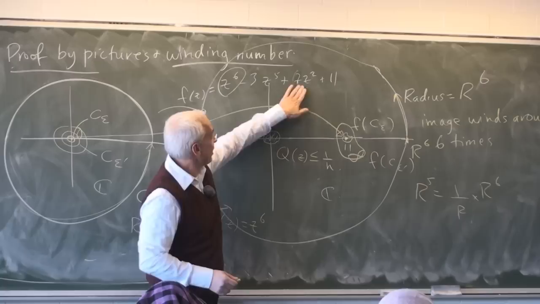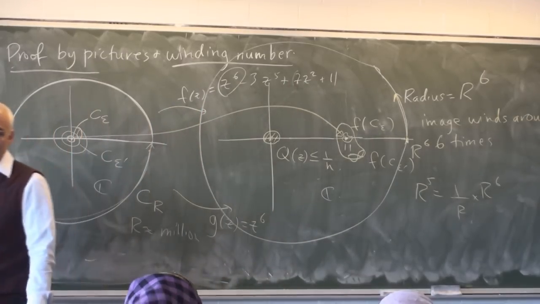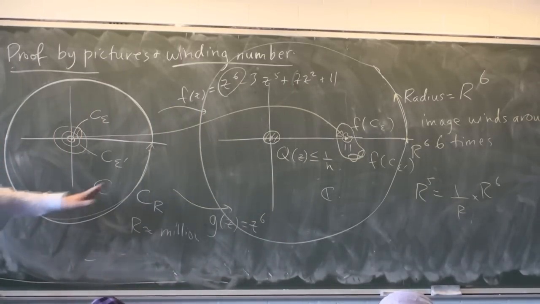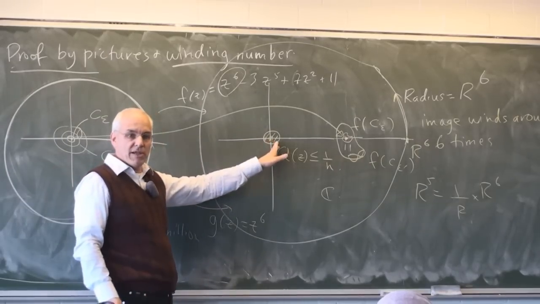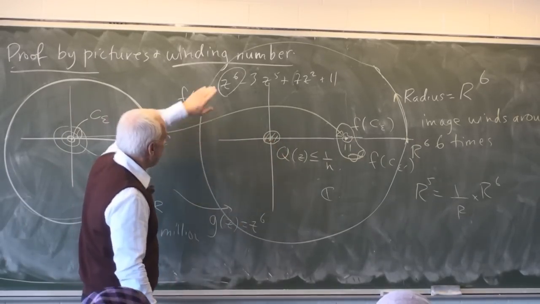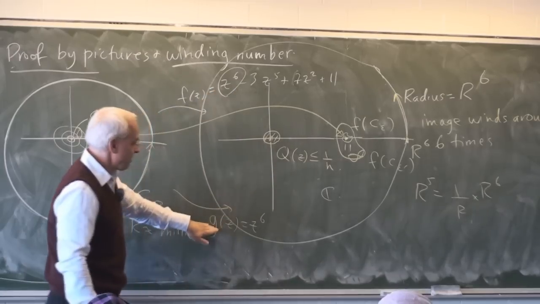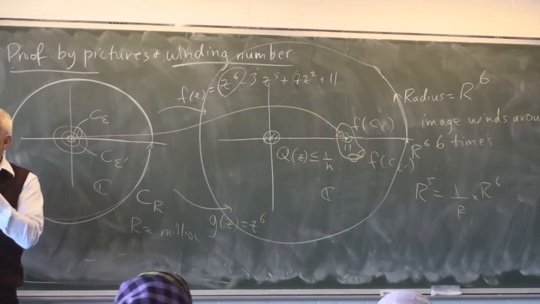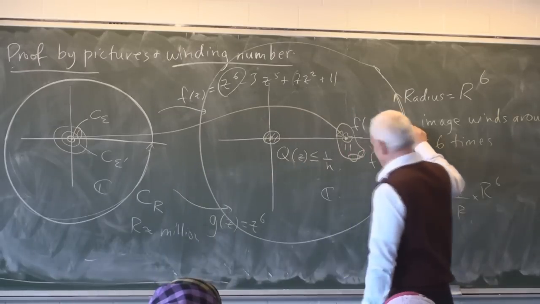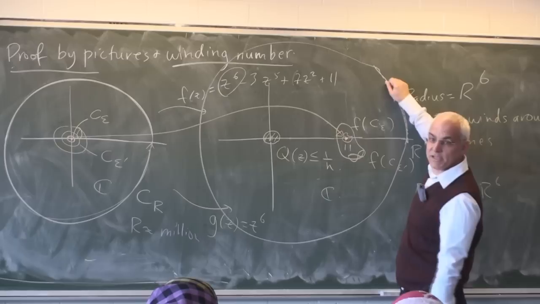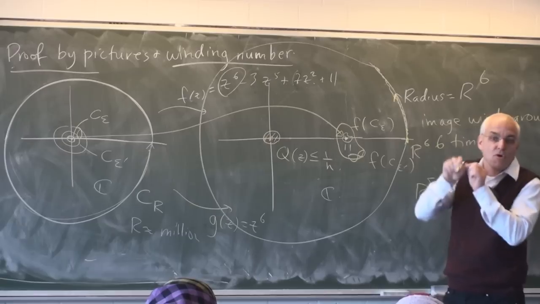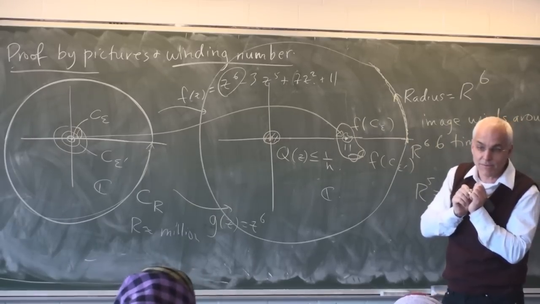What about the term z squared? Well, that's even much, much, much smaller. That's off our page completely. So the image of this and the image of this map differ only by some small wiggling. The image of f of z will be just the same as the image of g of z, except that there might be some slight wiggling due to these small terms that move it around a little bit.